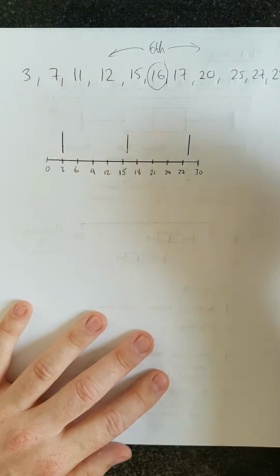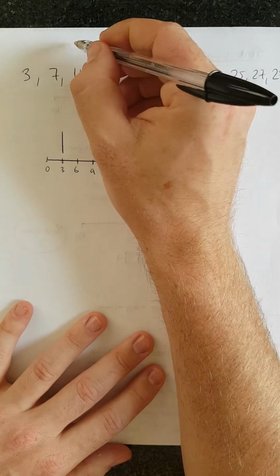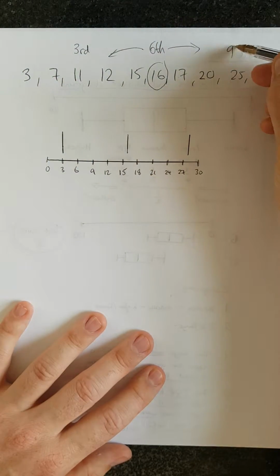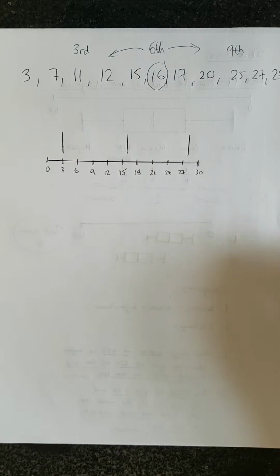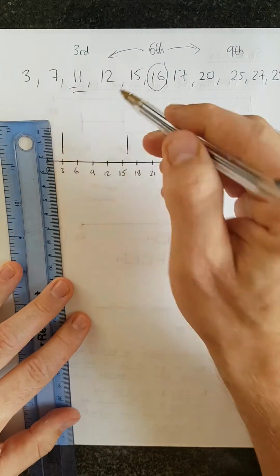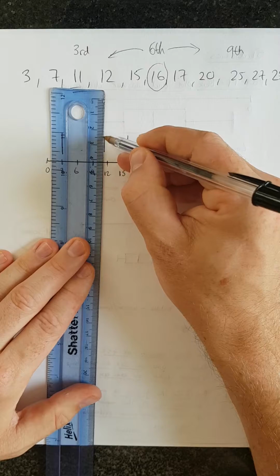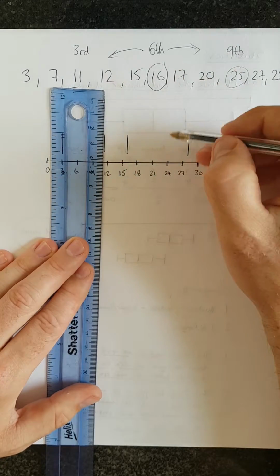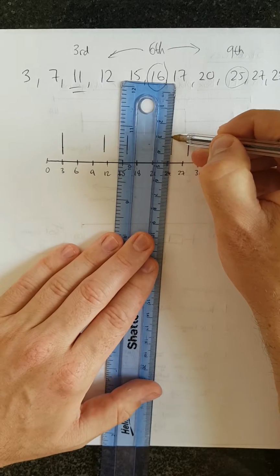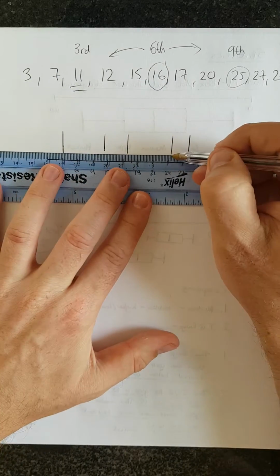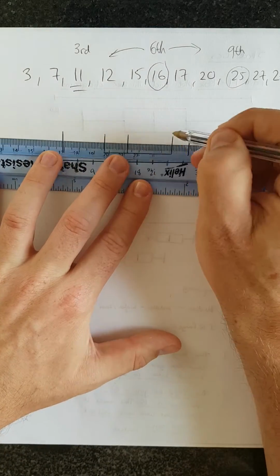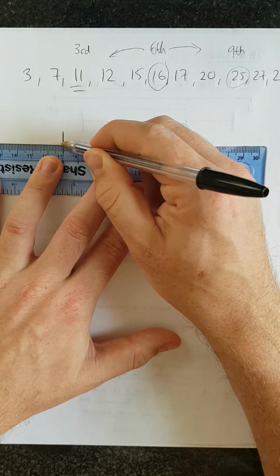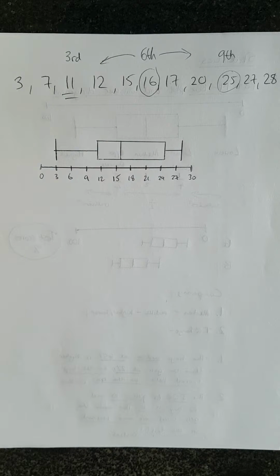So, what's the lower quartile? It's the 3rd. And the upper is the 9th. So, there it is. 11. And there it is. 25. And there is my box plot.